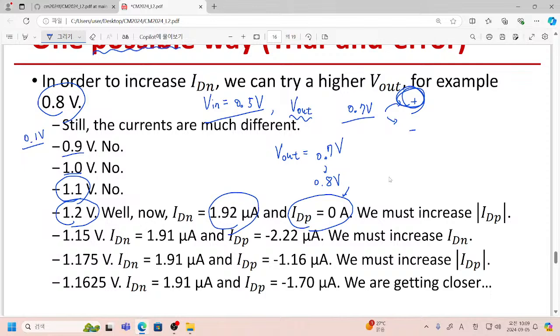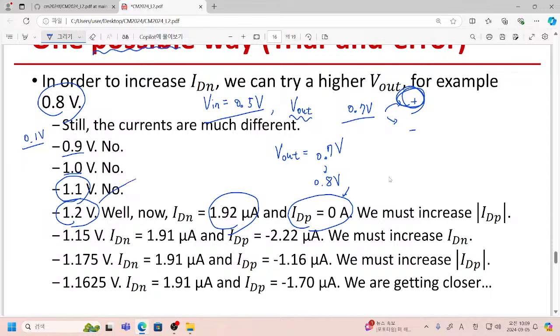Now the balance between NMOSFET and PMOSFET currents is inverted. Previously, NMOS showed lower current, but now PMOSFET shows lower current. What is this? Now we have to turn to the opposite direction, we have to reduce the output voltage.